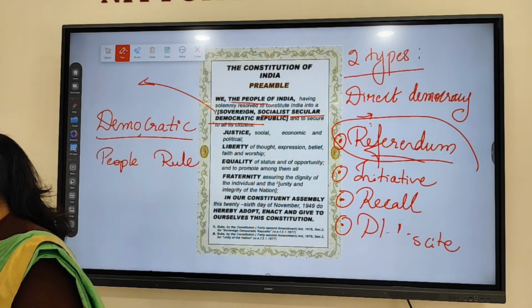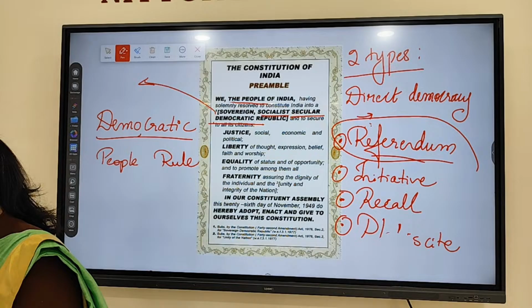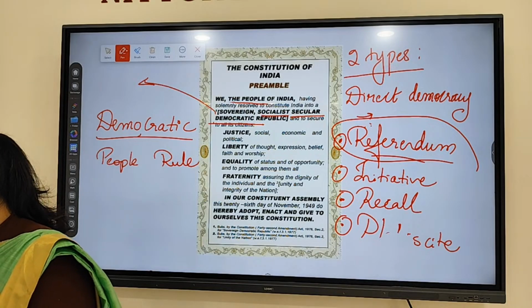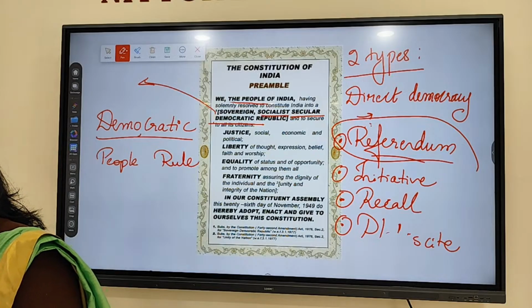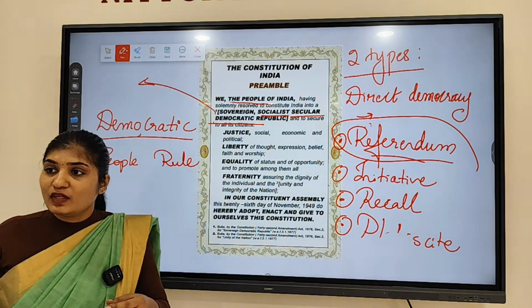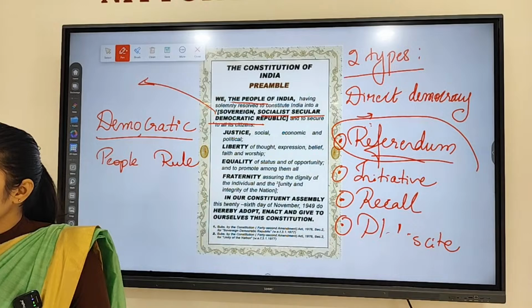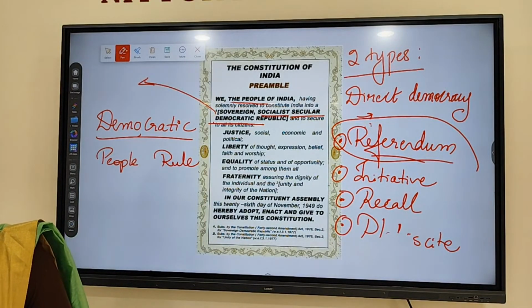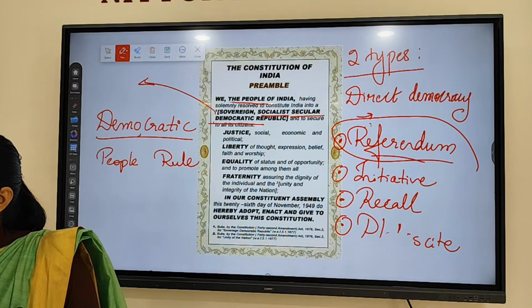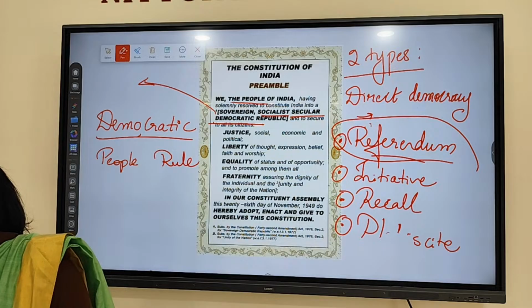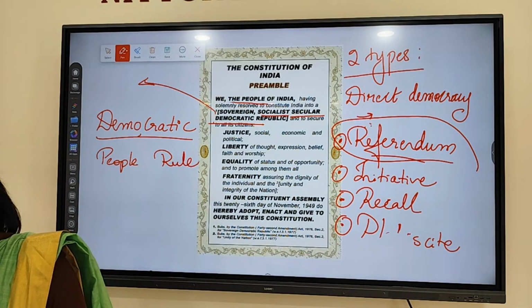Wait. Junagadh. They had chosen that dynasty, I mean that territory. In that territory the people decided to join India with the help of a referendum after the independence.